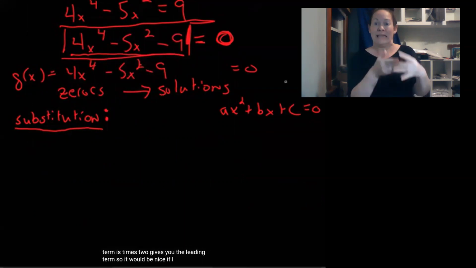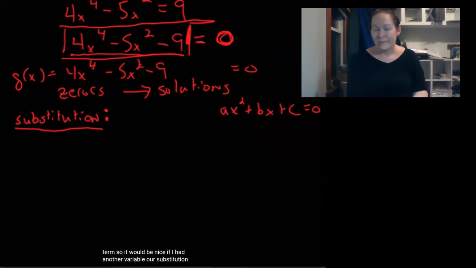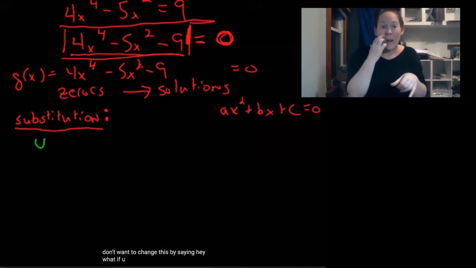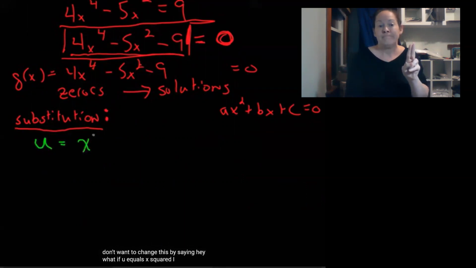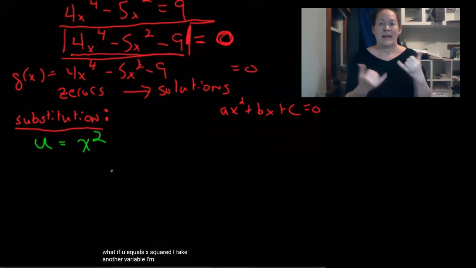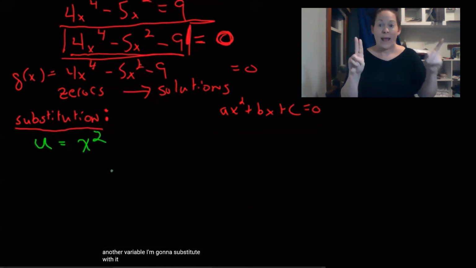It has the 3 terms. Whatever the power of the middle term is times 2 gives you the leading term. So it would be nice if I had another variable, our substitution variable. I'm going to do a bright green. And I want to change this by saying, hey, what if u equals x squared? I take another variable, I'm going to substitute with it.